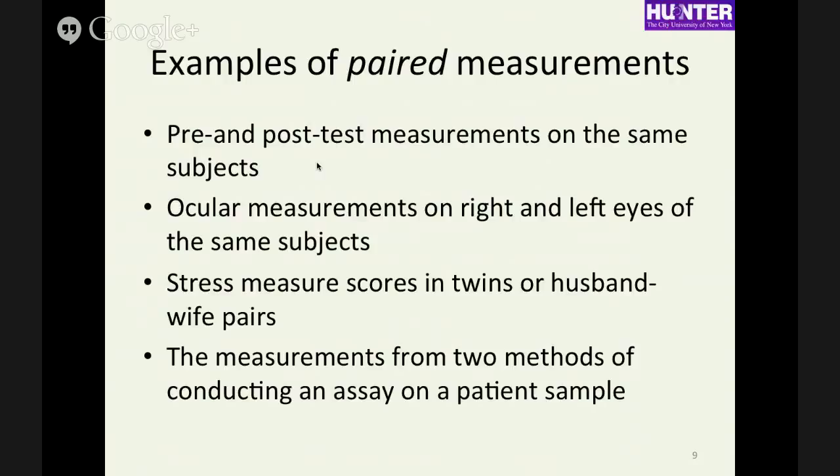Ocular measurements, you can subtract what you measure for the two eyes. The stress measure scores, again, you can subtract. So in your example of flu shot and race, you can't subtract flu shot from race. It doesn't make sense. That's not a paired test.